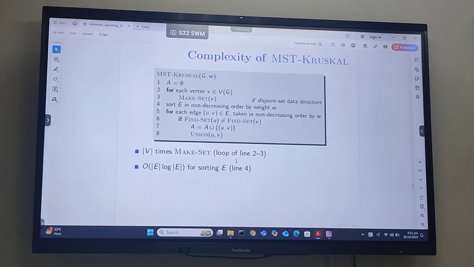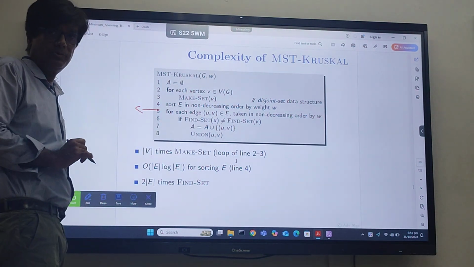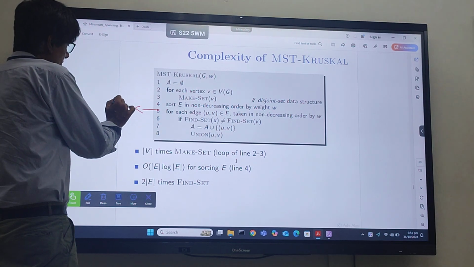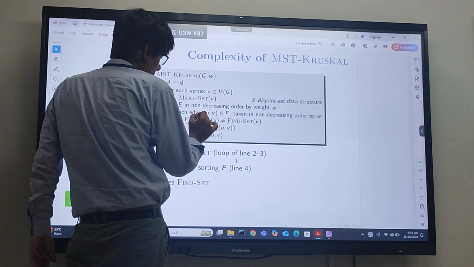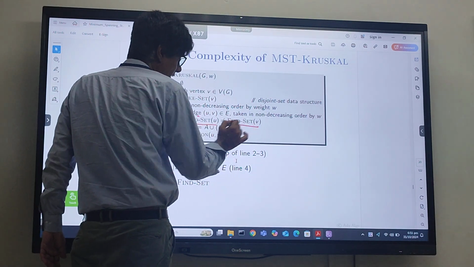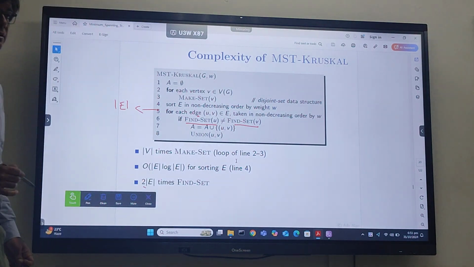We are using something like quick sort or merge sort for efficiency. And then for each edge, we run this loop, and for each edge we do 2 find set operations, so that's why it's written 2E times find set operations.